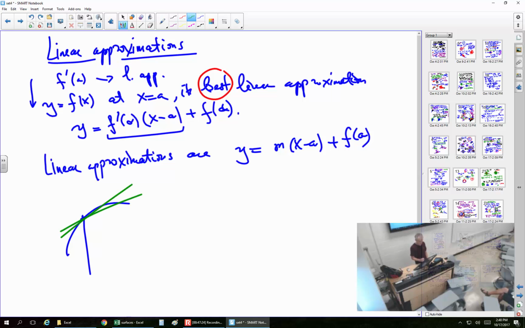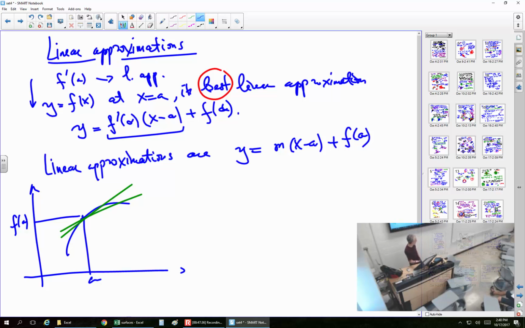All of these are passing through that point, a, f of a to begin with, but then the slope varies. They're linear, number one. Two, they are approximating the function but not at its best. We know that the best linear approximation is the tangent line, but what makes it the best is the following limit. So best is the limit.